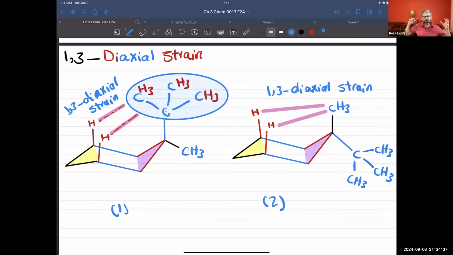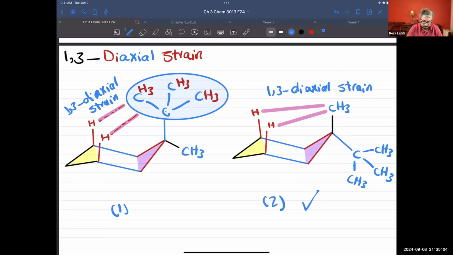So if you have two groups sitting on one carbon and you want to figure out the most stable structure or conformation, put the bulky group in the equatorial position, because it's going to create less repulsion, or less strain. So the second structure will be the most stable one.